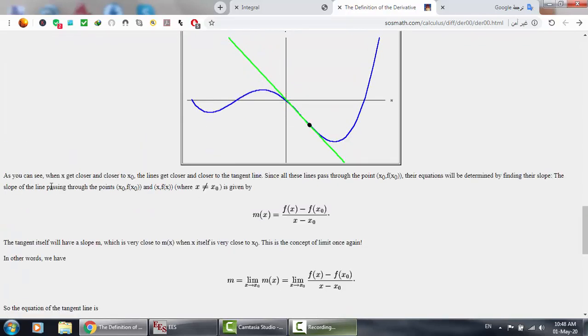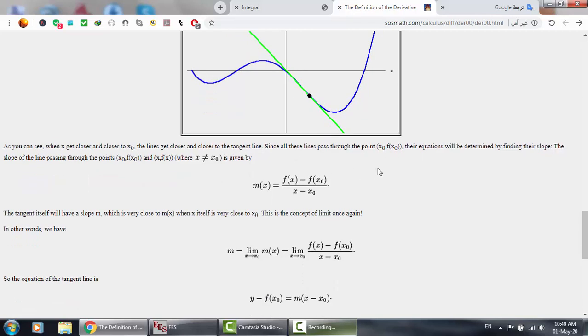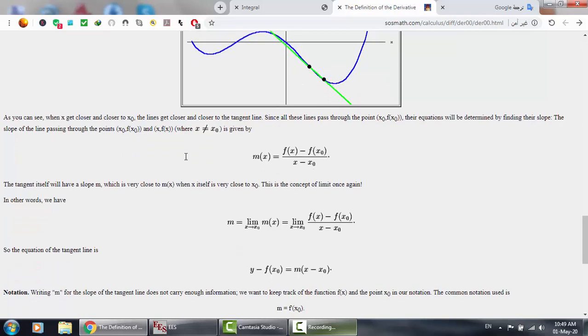And the slope is the change in y divided by the change in x, as we know. So their equation will be determined by finding their slope. Okay, no problem with that. The tangent itself will have a slope m, which is very close to m(x) when x itself is very close to x naught. Now, this is the concept of the limit once again.